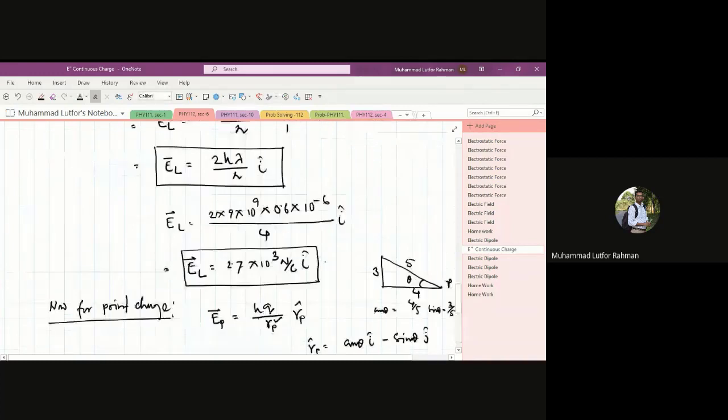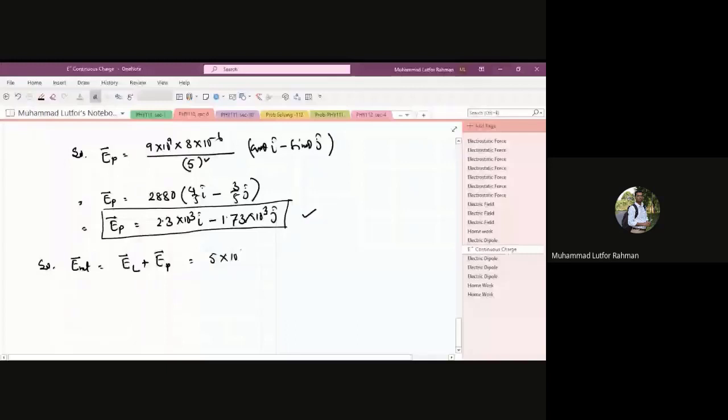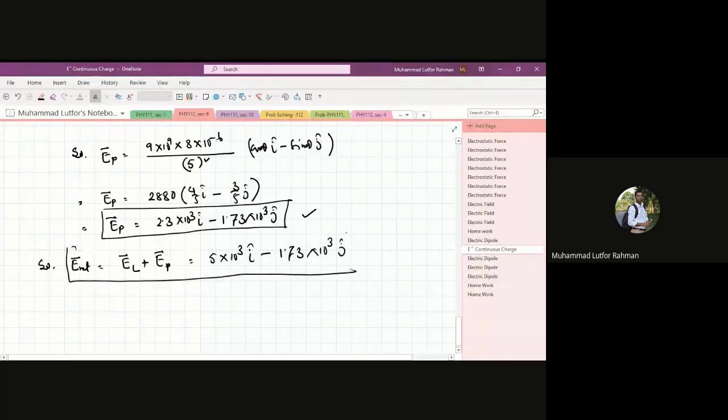If you add them together, you'll find out E net would be 5 into 10 to the 3 i hat minus 1.73 into 10 to the 3 j hat. This is the answer. And I hope you can find the magnitude and the direction of this vector. So they're asking me to calculate this one. So this is the contribution of the point charge and the line charge at the same time. So that's how we can deal with this in that way.